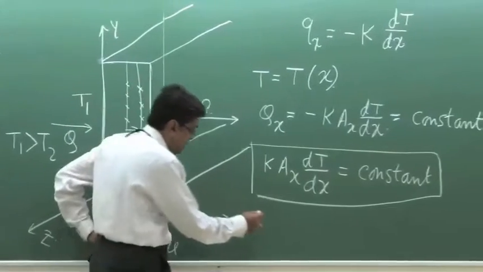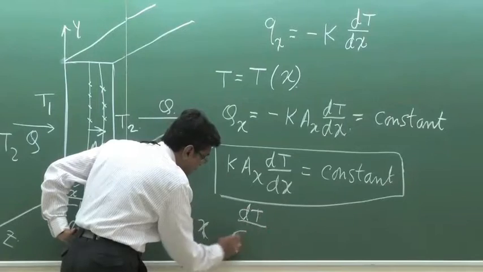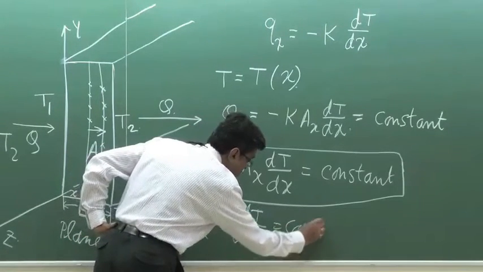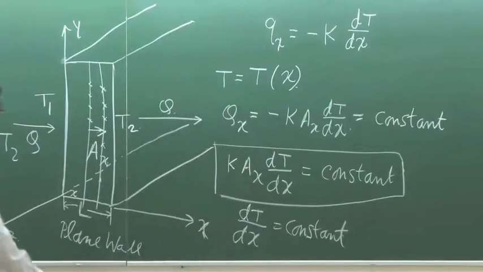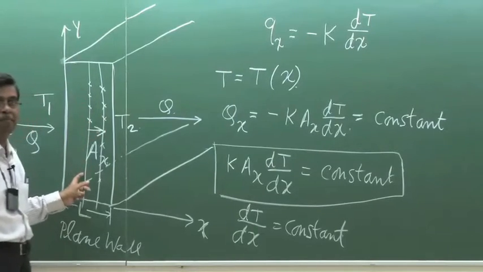In that case, we can write dT/dx is equal to constant. That means we get a linear temperature profile from T1 to T2 within the slab.